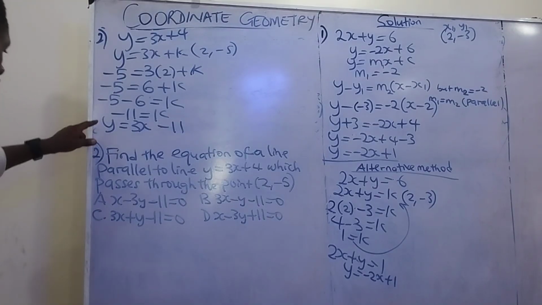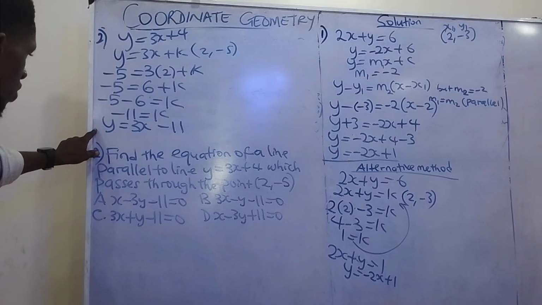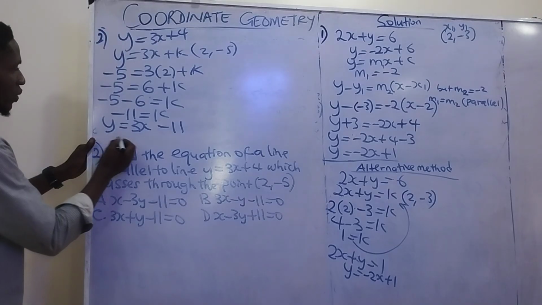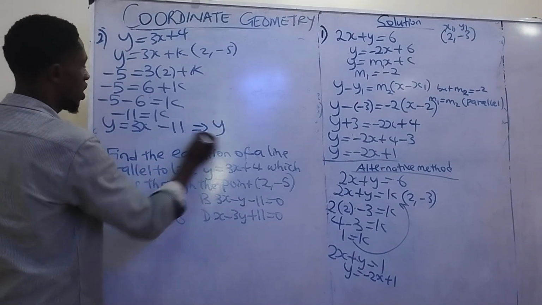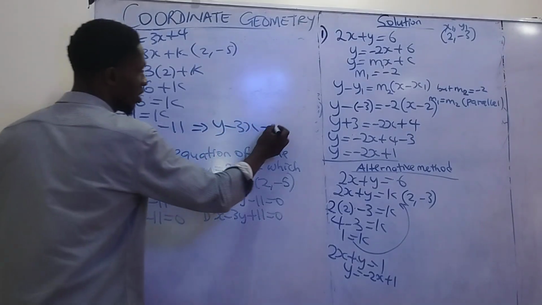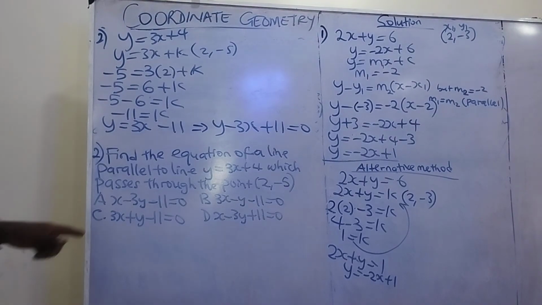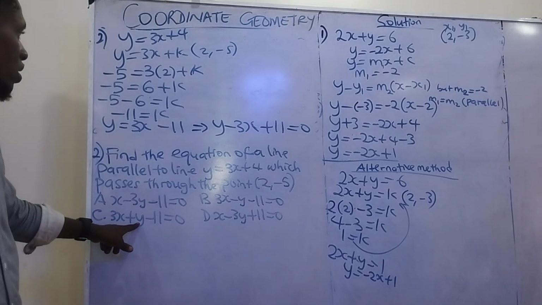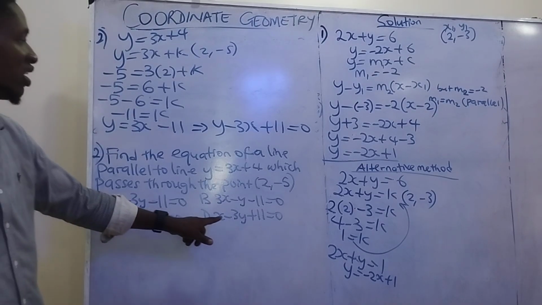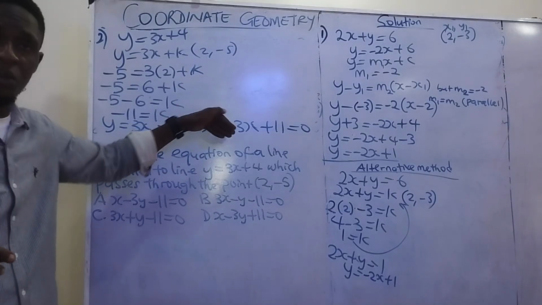Let's try it out. y is positive, okay? Everything was taken to the left hand side. So we have y minus 3x, when minus 11 goes over, plus 11, is equal to 0. Since you are not getting any answer there, it means you multiply each term by negative.